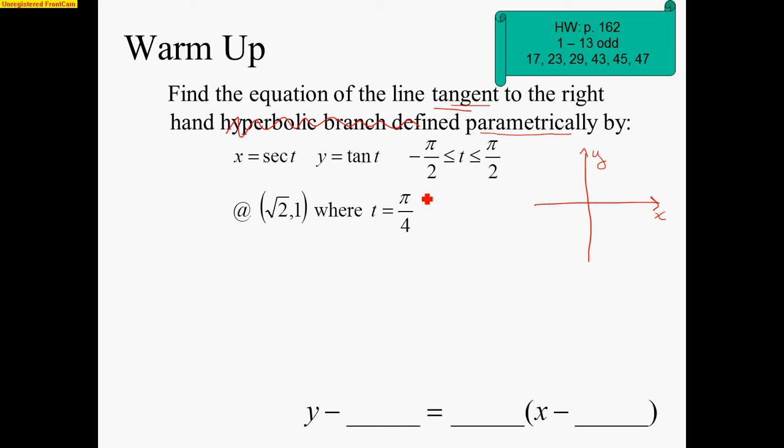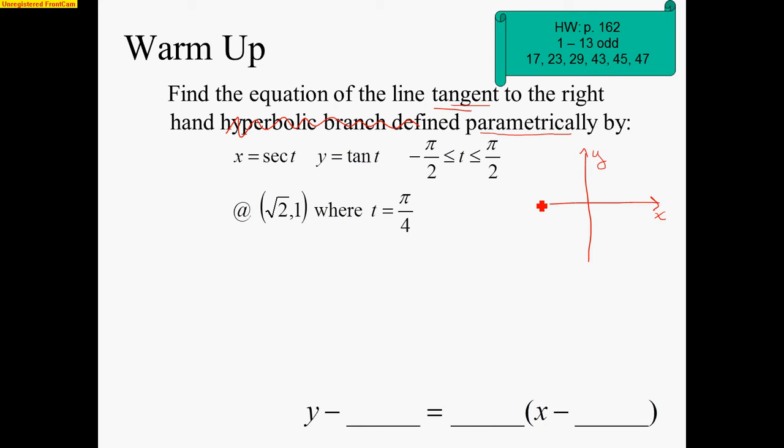and whatever this curve looks like, the x direction is defined by secant in terms of time, and the vertical coordinates are defined by the tangent in terms of time.